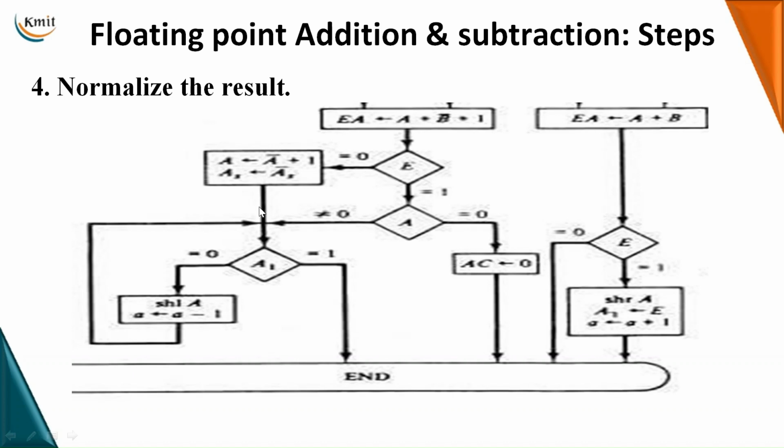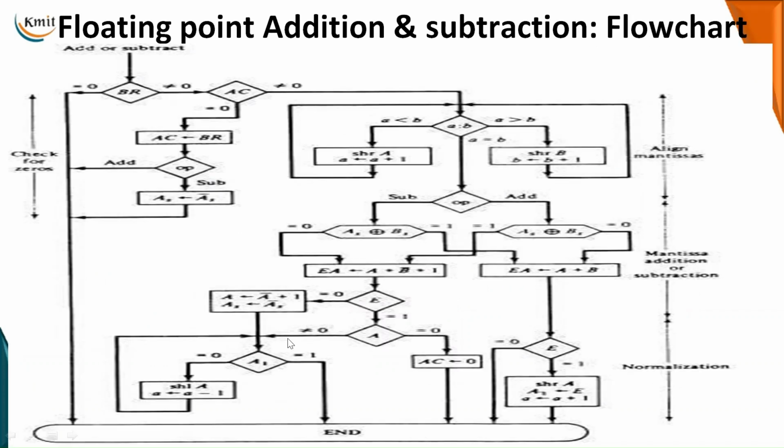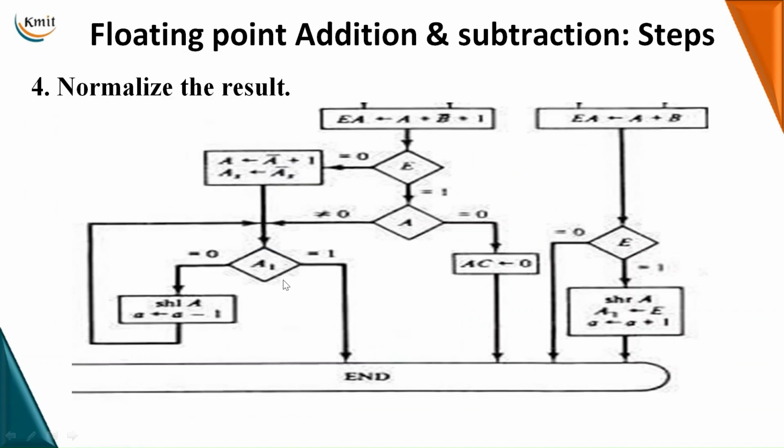So this underflow situation can be checked based on the MSB bit of your mantissa part, which is nothing but the A1 bit. If this A1 bit is a 1, then we mean to say the result is in a normalized form. So we end the process. If A1 is a 0, then it is an underflow situation.